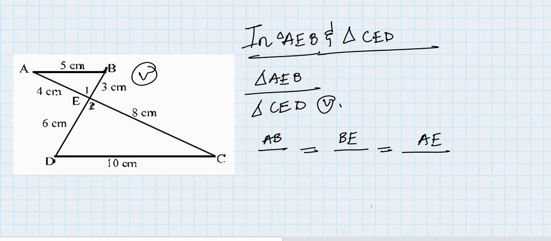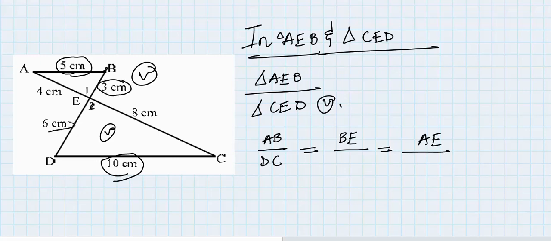And then I match the sides now. I must find the corresponding sides. Remember the case of similarity says corresponding sides are in proportion. So here I have this side that is AB. Which side matches with AB on the bigger triangle? Obviously it's this one. What is that side? DC. And then which side will match BE?